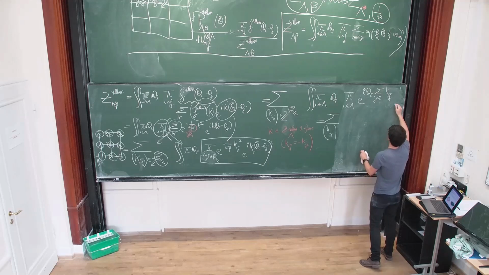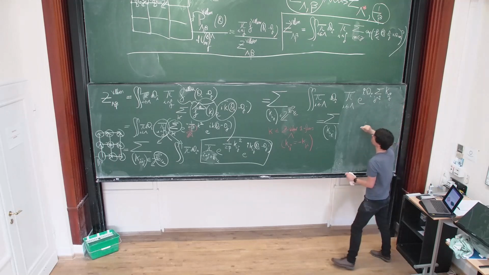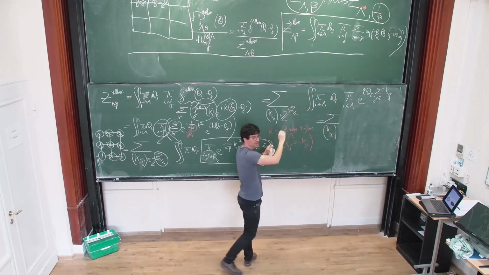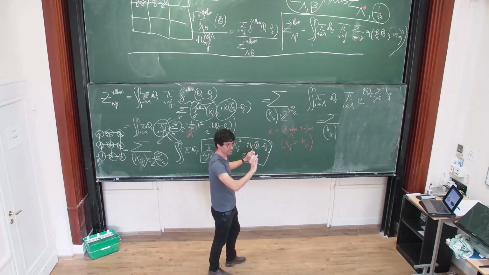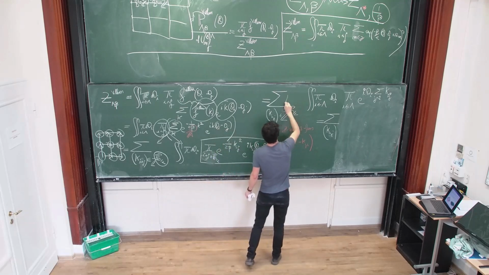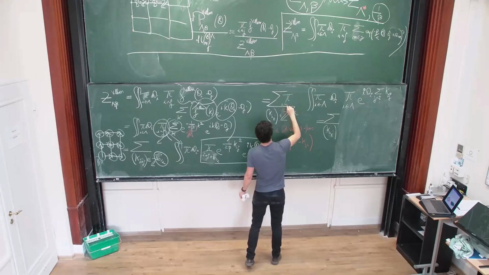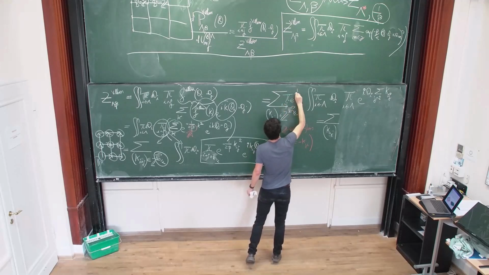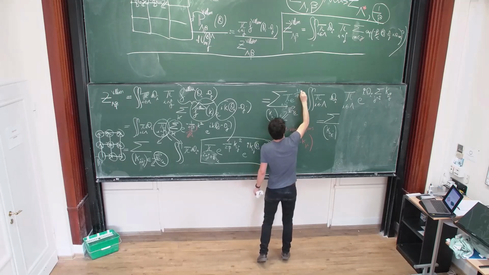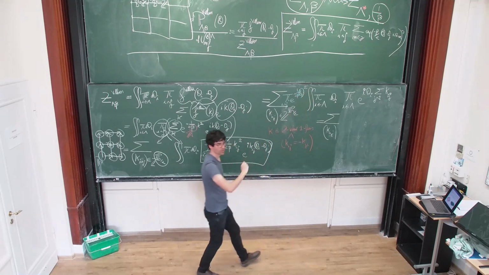So there is still the square. I can put it here because it doesn't involve theta. So I can put it here, a product over i and j, e to the minus 1 over 2 beta k_ij squared. And I don't count edges twice here.